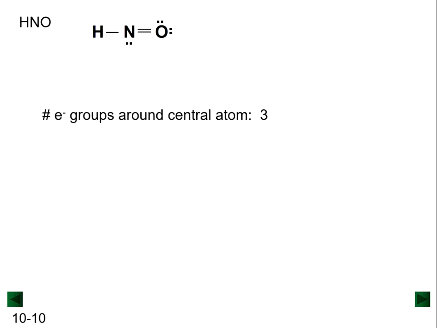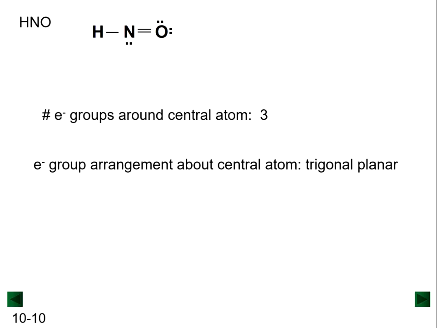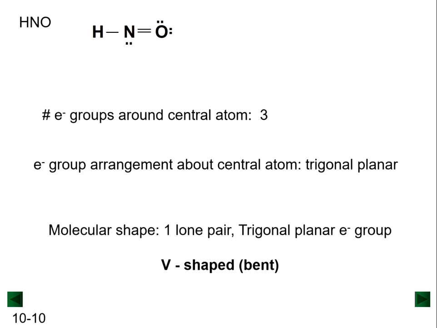You should come up with 3: there's a single bond, a double bond, and a lone pair. 3 electron groups tell us that our electron group arrangement about the central nitrogen atom is trigonal planar. For a trigonal planar electron group arrangement with 1 lone pair, the molecular shape then is V-shaped or bent.